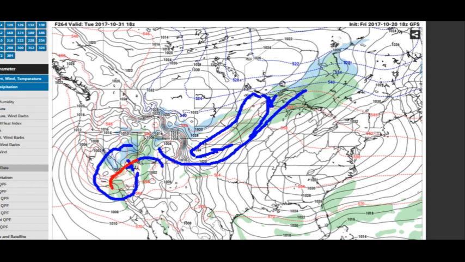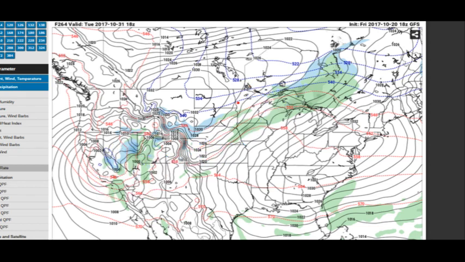Probably more blowing dust in that region during the day. And an upper-level cold pocket across California there. So probably some cold core thunderstorms and showers in the San Joaquin Valley there. So that's what you can look forward to on Halloween.